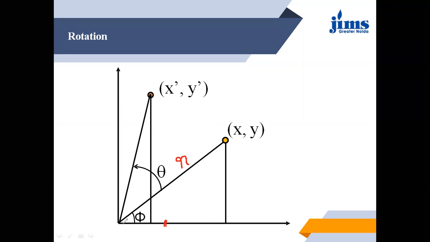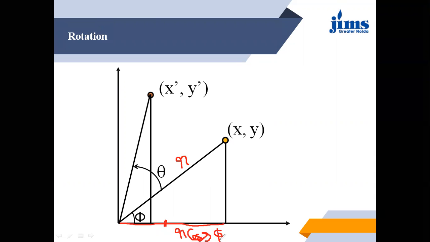Then the length on the x-axis is r, the hypotenuse, into cos phi.